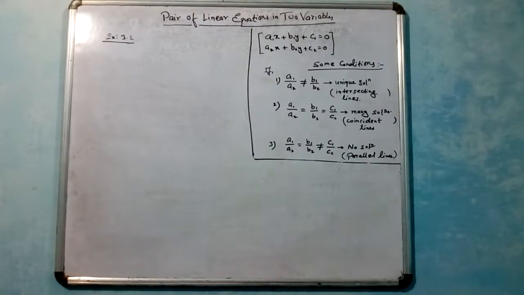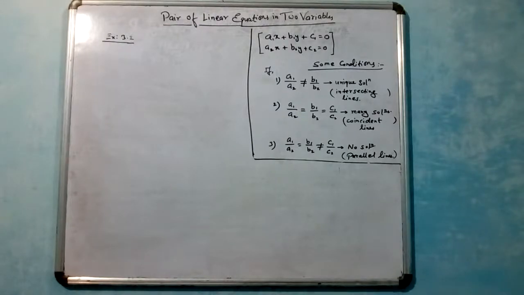Listen also to something I told you. First check it, and solve them graphically only when the pair of equations is consistent. Means only one case will be excluded. Which case? The parallel line case, the no solution case.